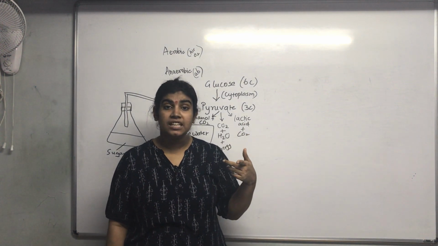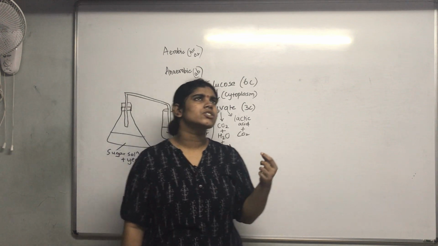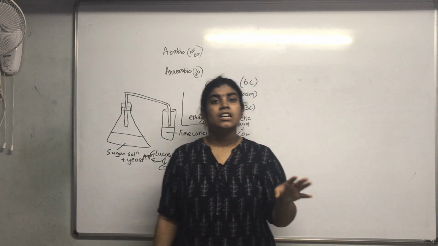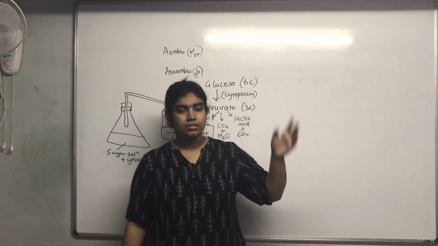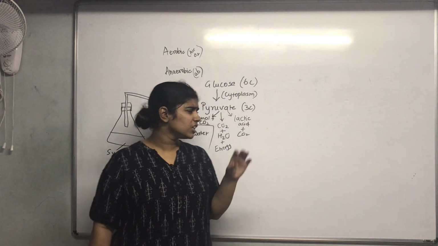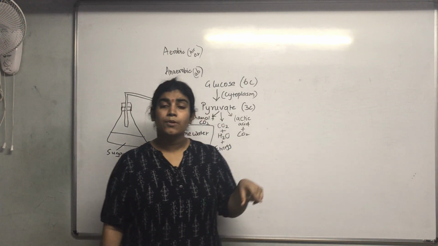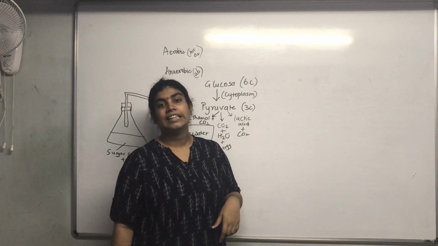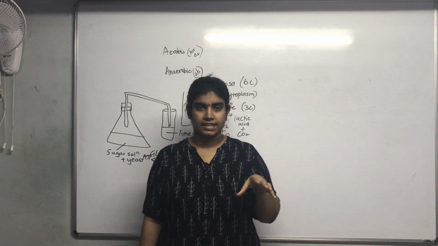When the pyruvate does not get enough amount of oxygen, okay, it has oxygen but not enough amount, like 38 molecules and 2 molecules, there are various numbers which you will learn further, but not enough amount of oxygen. This pyruvate is broken down into lactic acid, and when there is accumulation of lactic acid.